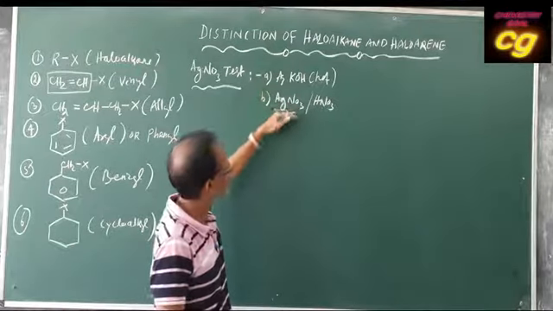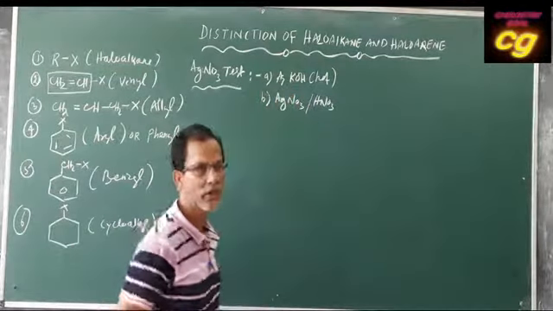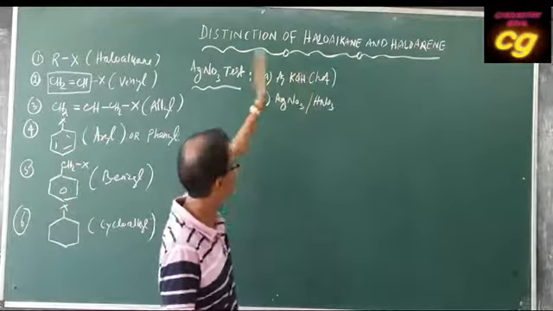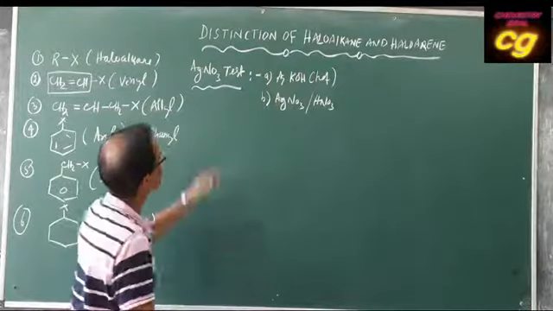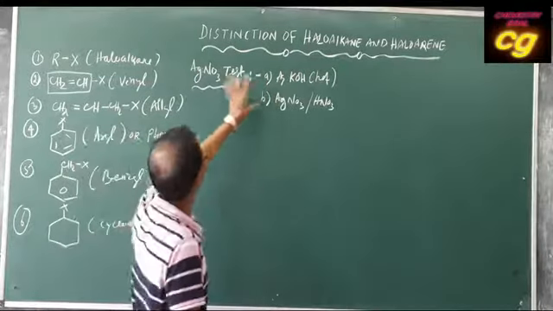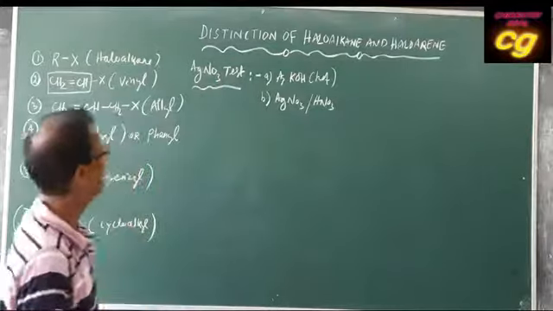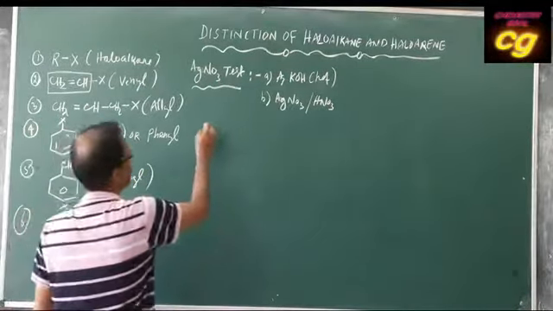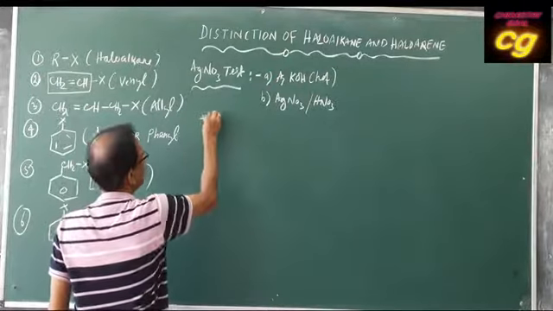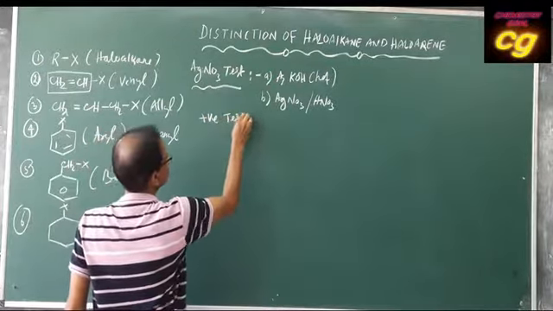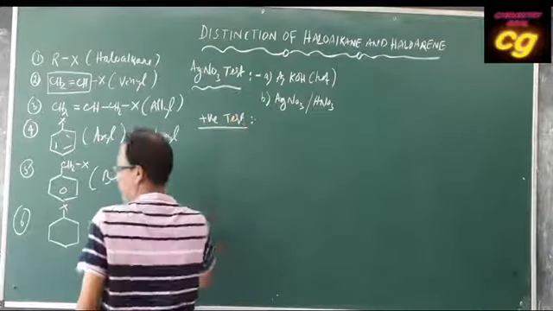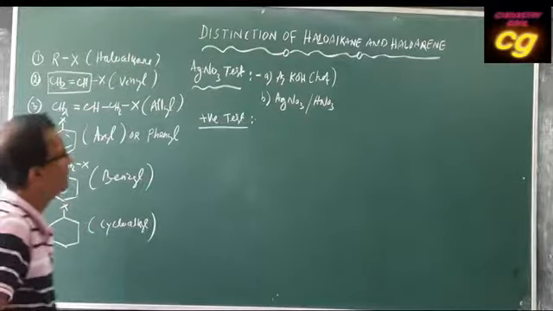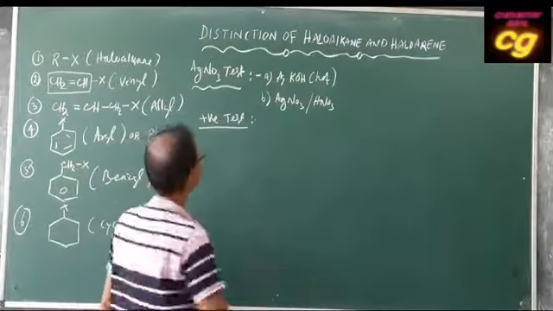After addition of aqueous KOH, then acidified silver nitrate solution. These two reagents are used. If it gives a positive test, which is very important, then a precipitate is obtained.